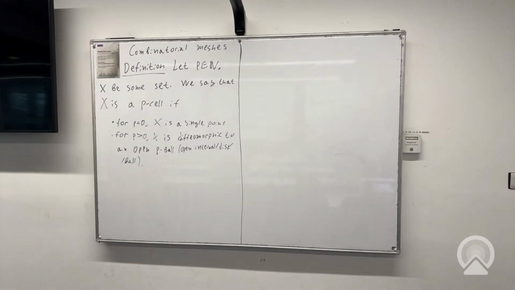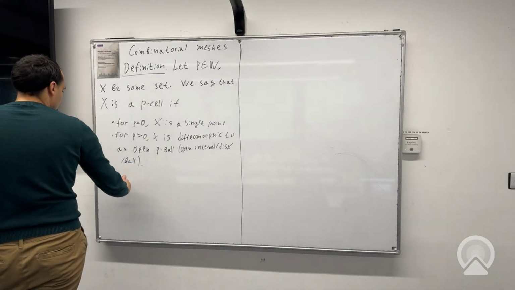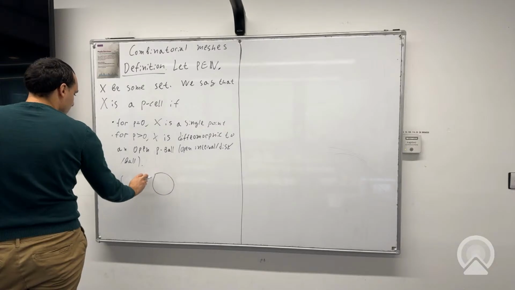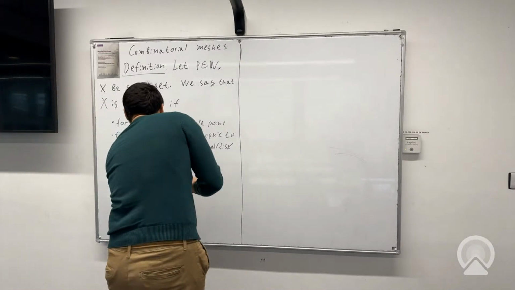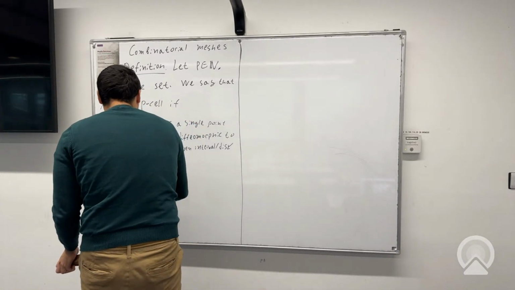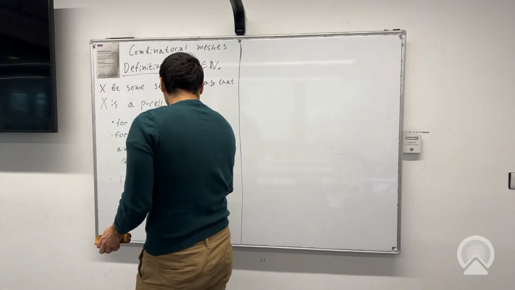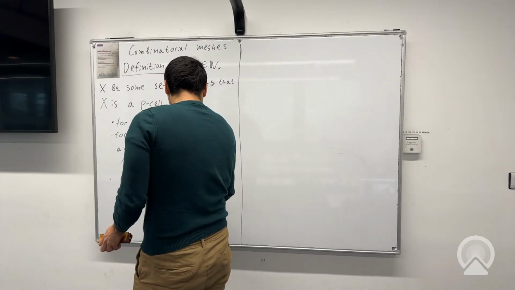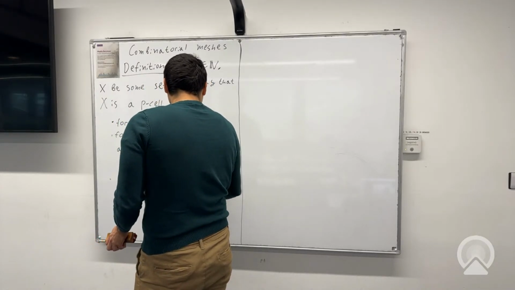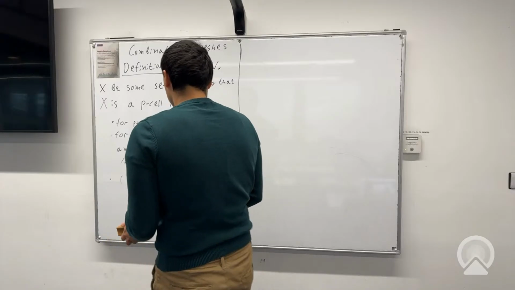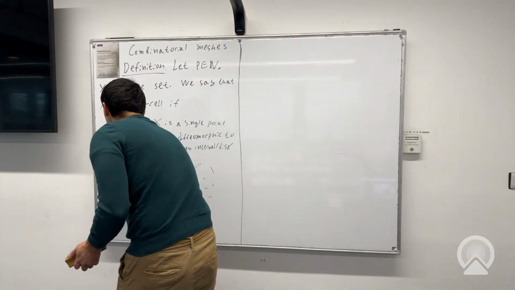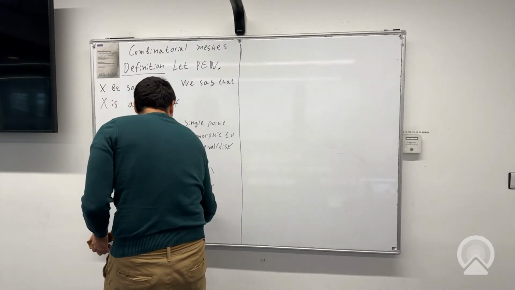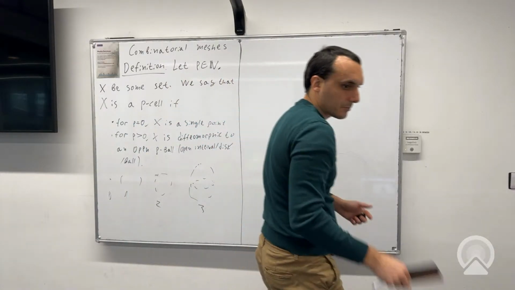Okay, so this is a p-cell: a point, an interval, an open disk, so without the boundary, or open ball, and in higher dimensions as well. So this is 0, 1, 2.